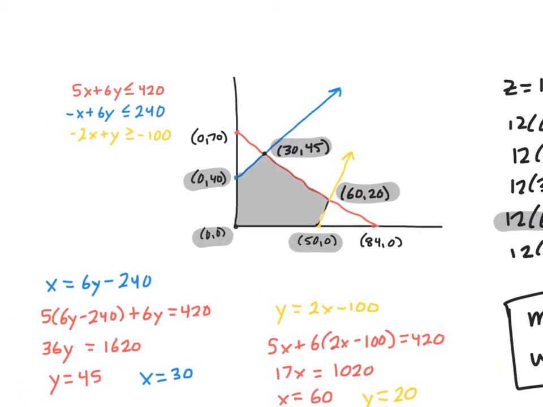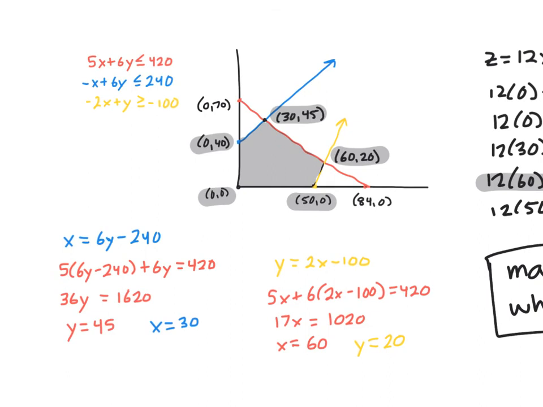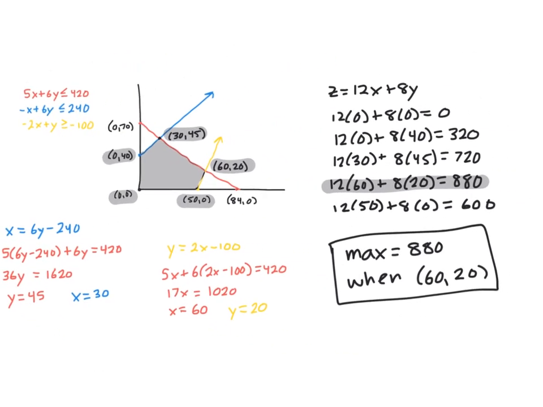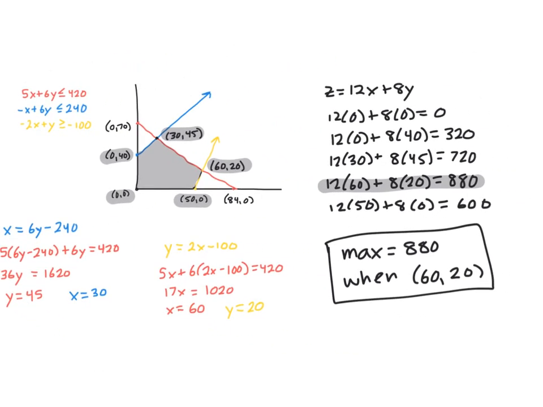And you could see that I found this coordinate using the red and the blue function, so I solved for that here. And I found this coordinate using the yellow and the red function, so I solved for that here. And then I substituted all 5 values into the objective function, and that showed me that the maximum value is 880, and that occurs when x is 60 and y is 20.